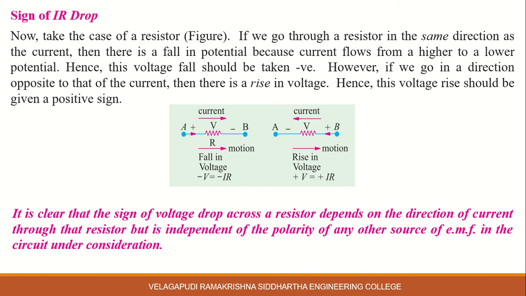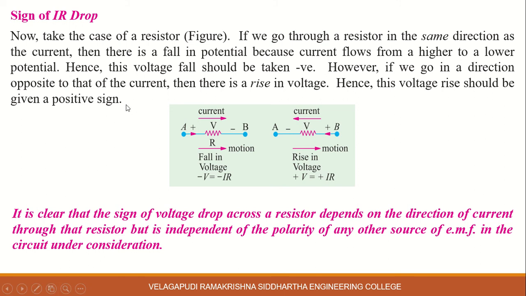The voltage direction is this way, from node A to node B, so it is a rising voltage, minus to plus. So the rising voltage is represented by plus V, and the voltage drop across this resistor is plus IR. It is clear that the sign of the voltage drop across a resistor depends on the direction of current through that resistor, but is independent of the polarity of any other source of EMF in the circuit under consideration.